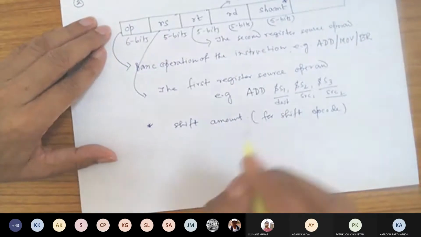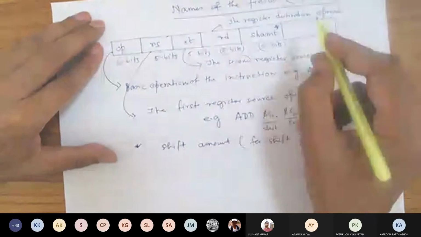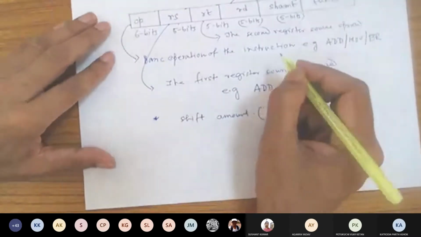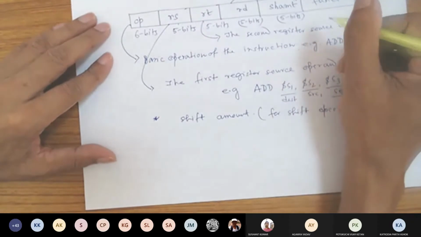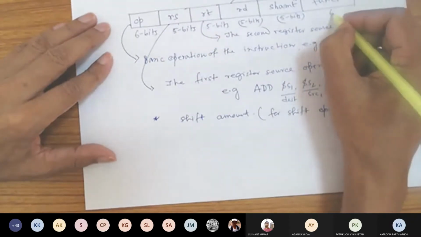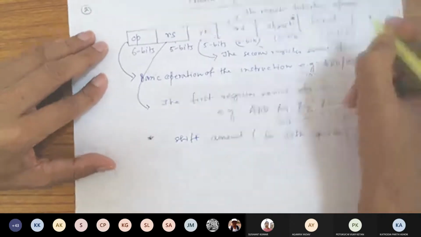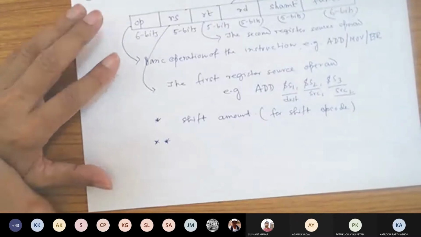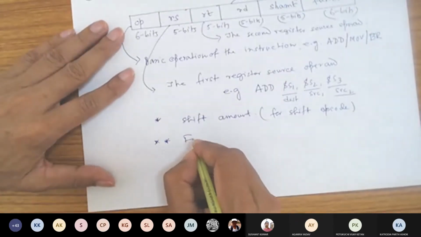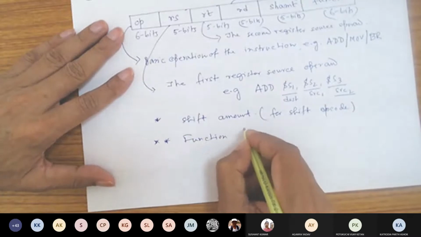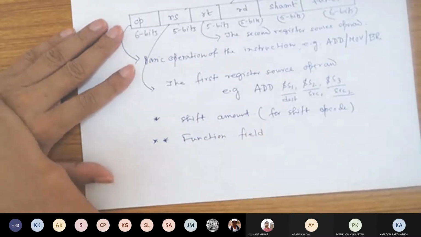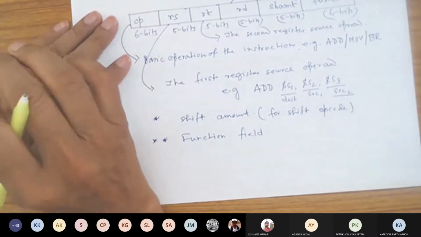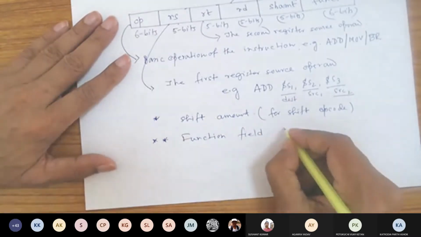Then the last one, the sixth one, is the function field. Now this field is again 6 bits. The function field, often called function code, selects the specific variant of the operation.